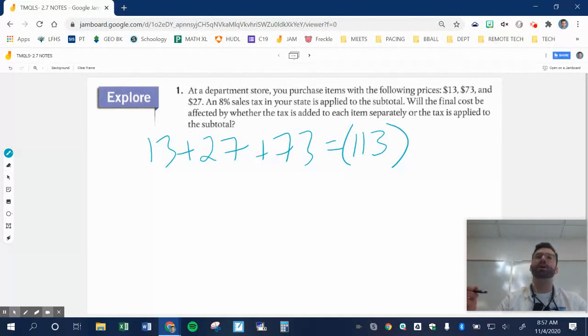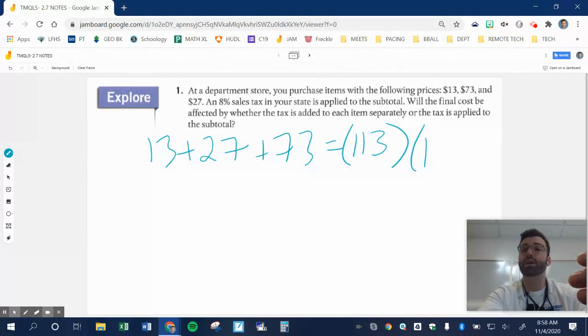Remember that my multiplier, if it's an 8% tax, is going to be a percent increase. Since it's a percent increase, my multiplier will be greater than 1 because I'm trying to increase the price. 8% can be written as the decimal 0.08, so the multiplier is 1.08, since it's over 1.